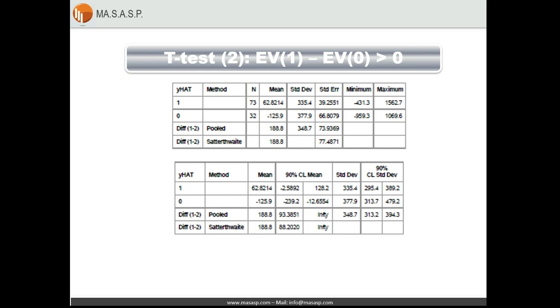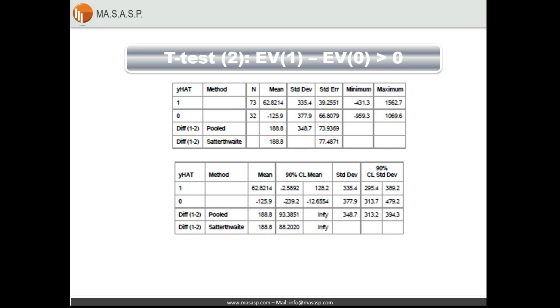Here we have the same comparison in tabular form. We find reported here the expected value indicated as mean. The expected value of the y hat 1 trade set and that of the y hat 0 trade set.